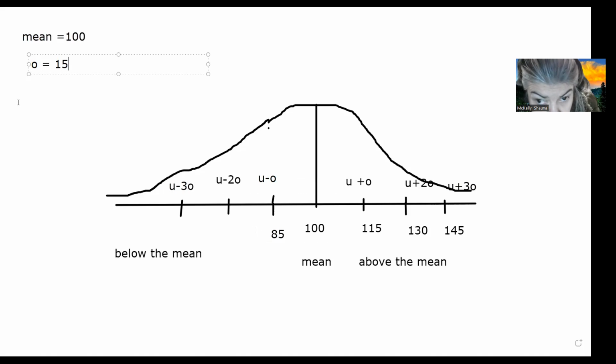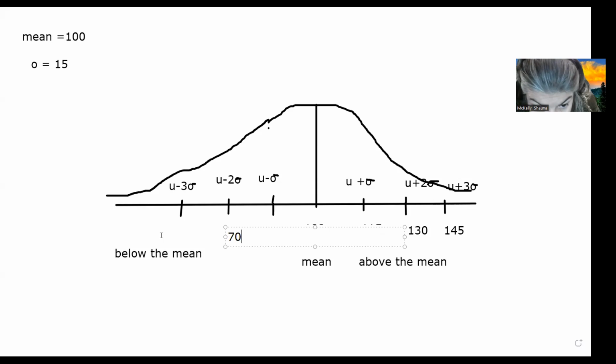Okay. So these are all segments. I'll put a little line over it. These are all sigma. Now, continuing with my numbers, 85 minus 15 is going to be 70.